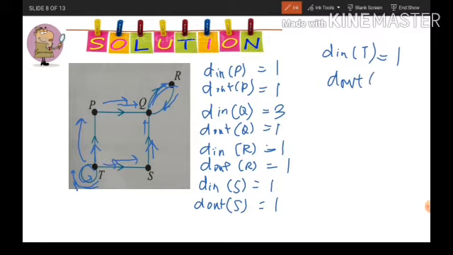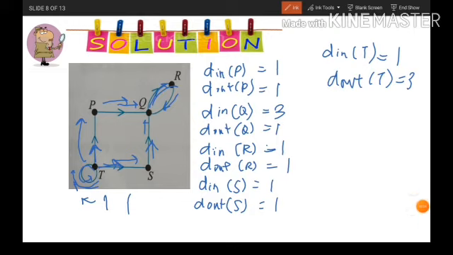Degree out for T is equal to 3, because for loops you have to assume there is an out and an in for the degree. So that's why you count degree in for T and degree out for T, 1 to 1, and then you add the other degree out for T.